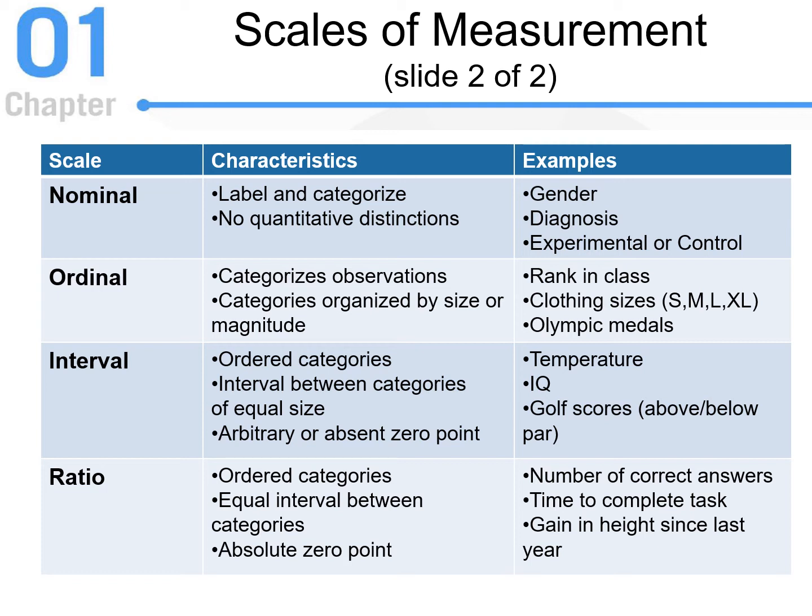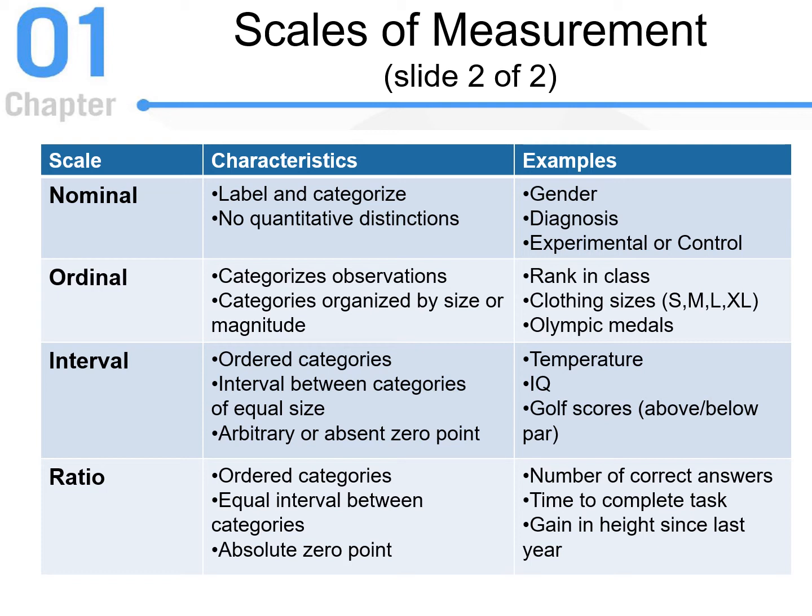Anything that has a rank order is an ordinal scale. So your clothing size, you're either extra small, small, medium, large, extra large, double XL, etc. So we know based on those values that large is bigger than medium, which is bigger than small. So clothing size is ordinal.